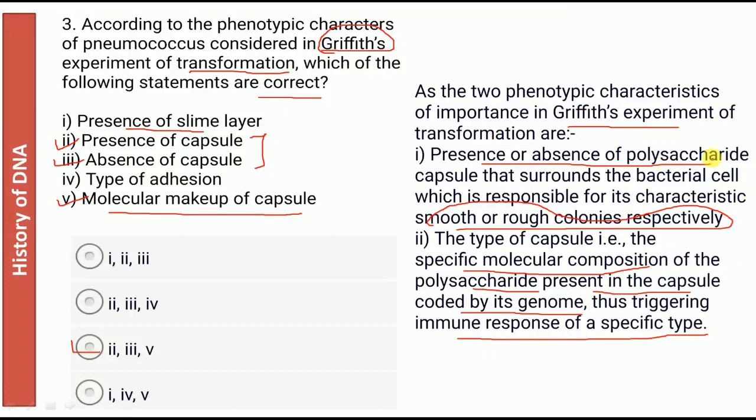So this resulted in a different immune response. In this entire experiment, the correct options as we have selected are the presence of capsule, absence of capsule, and molecular makeup of the capsule.